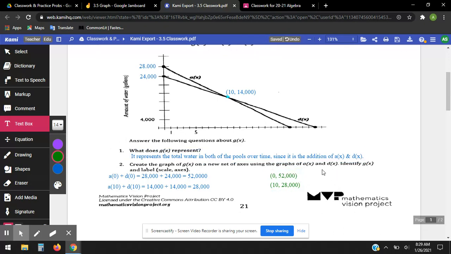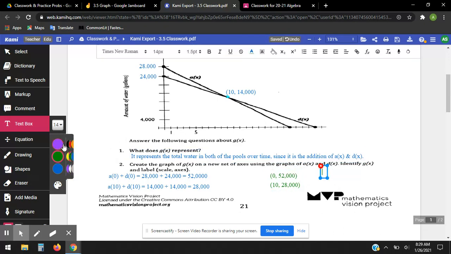We also can figure out our slope, so let's go ahead and figure out our slope while we're at it.